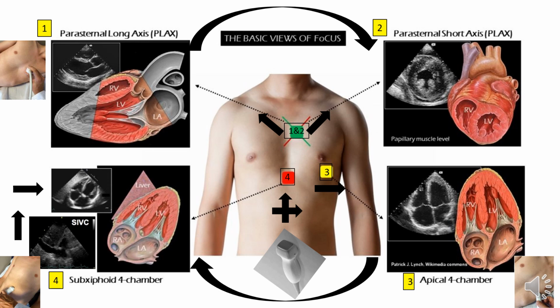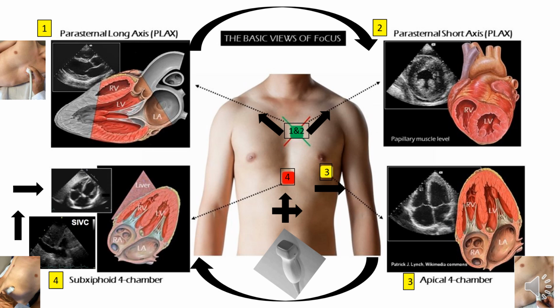As we said before, on assessment of effusion, putting the probe in any of these positions, you can appreciate the effusion. Here is the parasternal long axis view. If there is effusion, you will get it here or here.